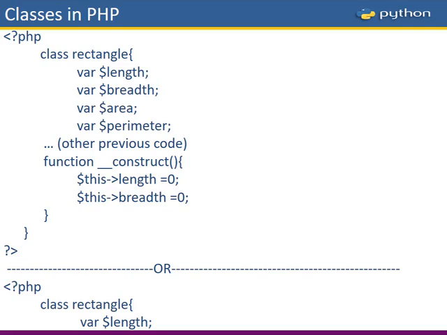And the function here is the constructor, __construct. We have $this arrow length equal to 0, and $this arrow breadth equal to 0.